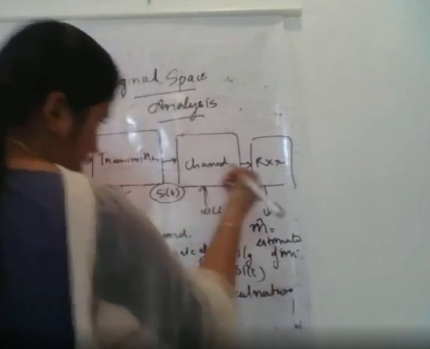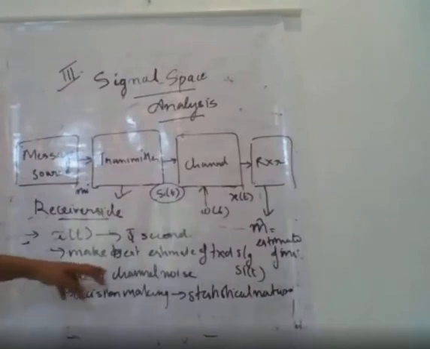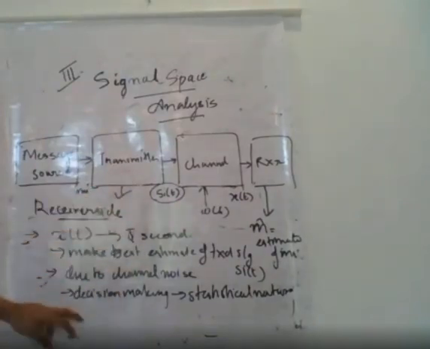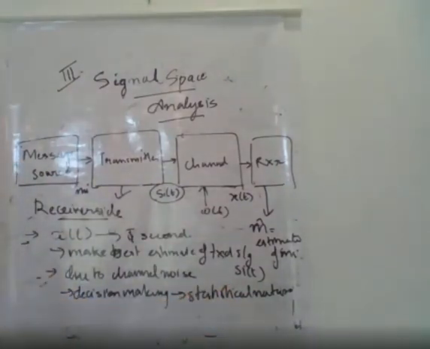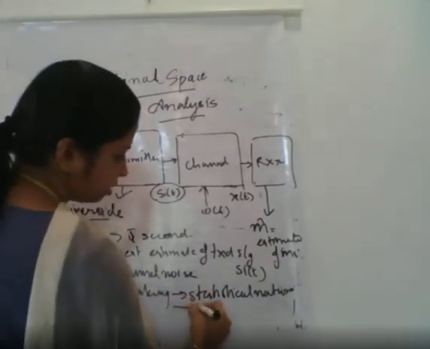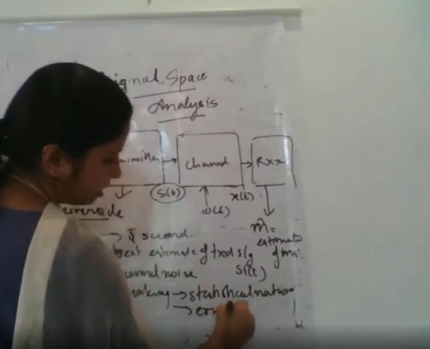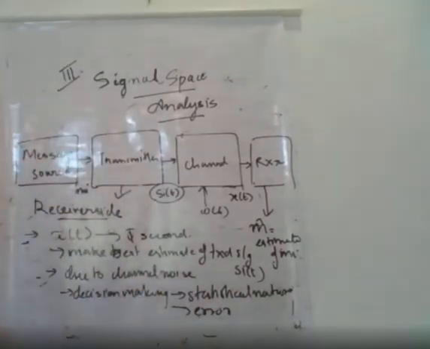Sometimes it may go wrong. Due to the noise in the channel, decision making by the receiver is statistical in nature, and as a result the receiver will make occasional errors. That is, sometimes it may go wrong, or an error may occur due to the statistical nature of the receiver.